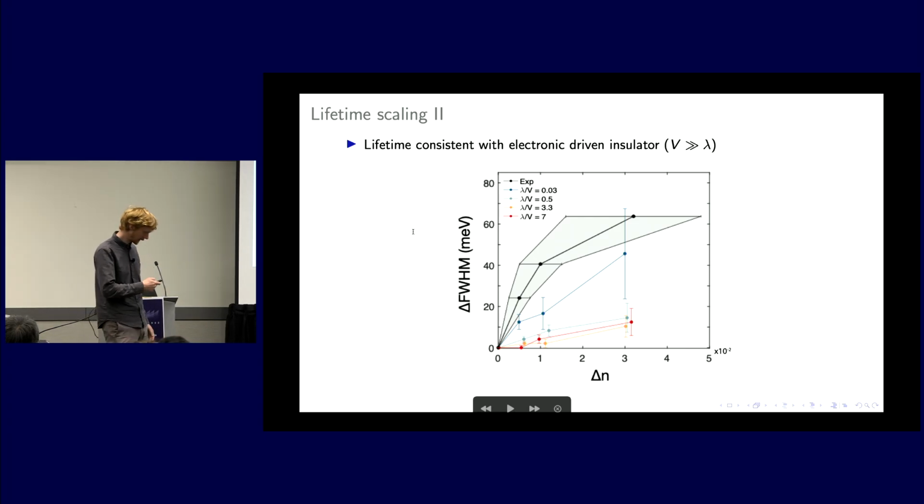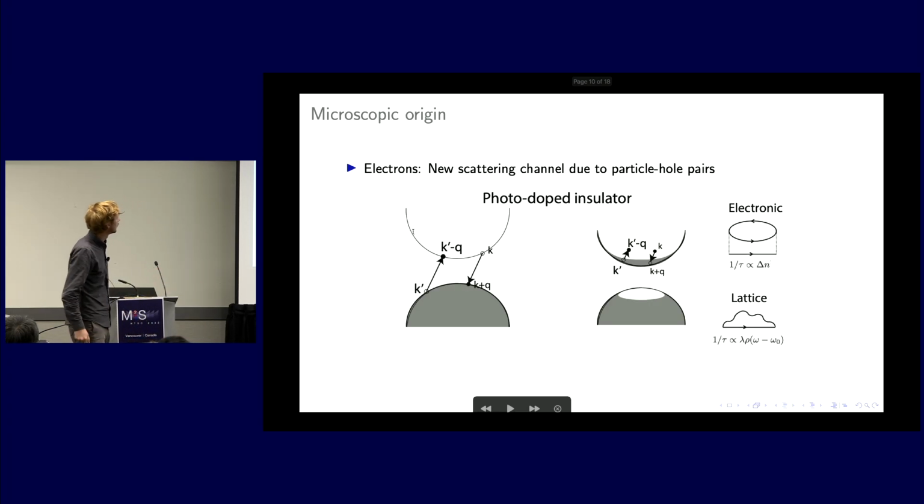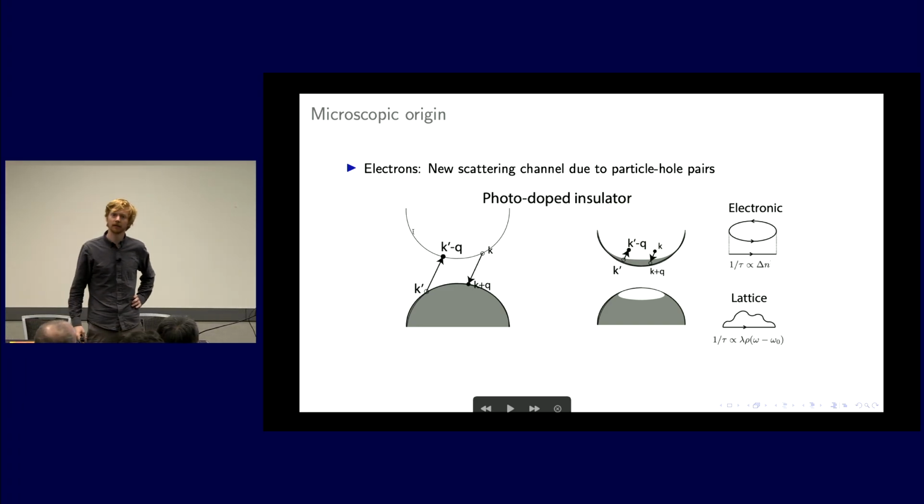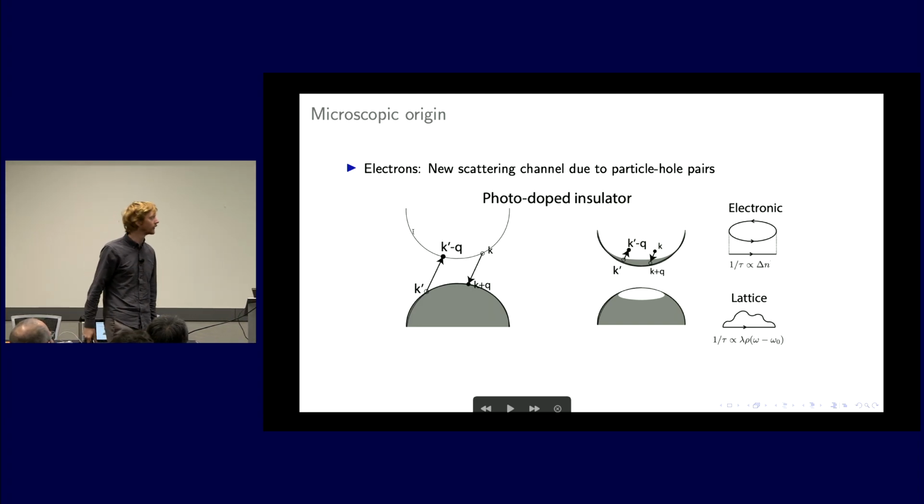So that's the essence. Let's go back to the Fermi liquid type of arguments, phase space arguments, to understand why there is such a big difference between the lattice and the electronic scatterings.